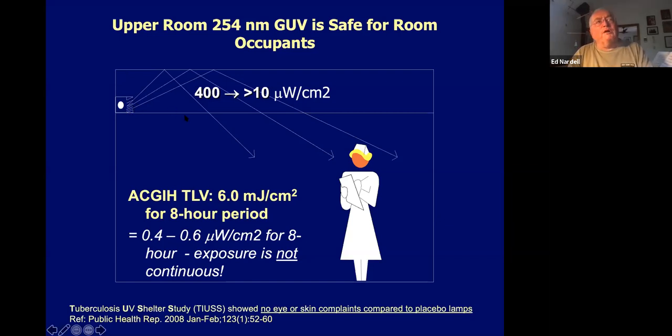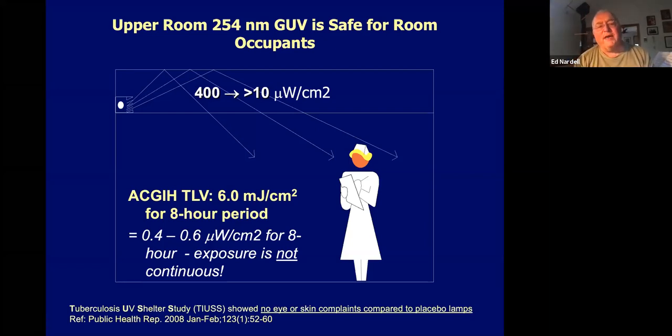Now, we've been warned all our lives not to get exposed to too much UV, and really we're talking about the UVB in sunlight. That is what causes skin cancer and cataracts. UVC doesn't penetrate the skin or even the eye to get to the lens, so it doesn't cause either skin cancer or cataracts.